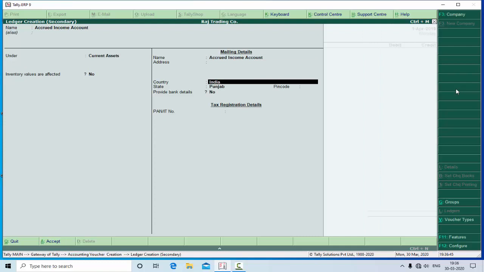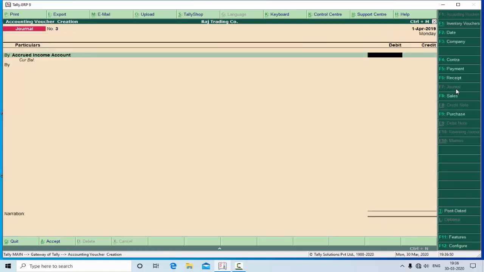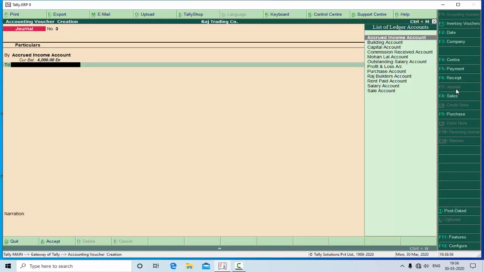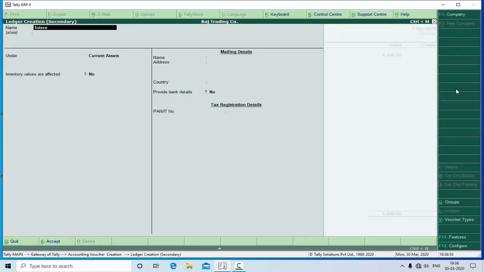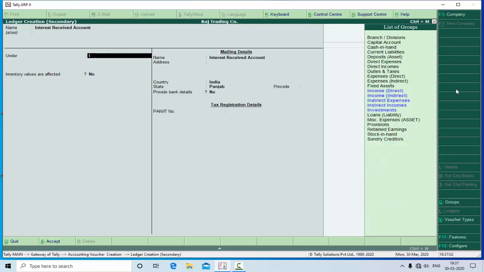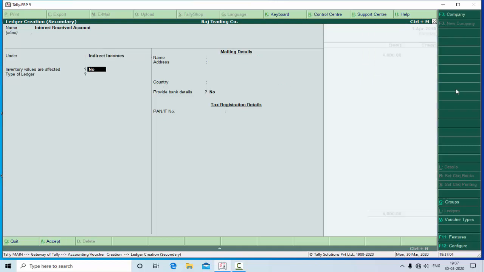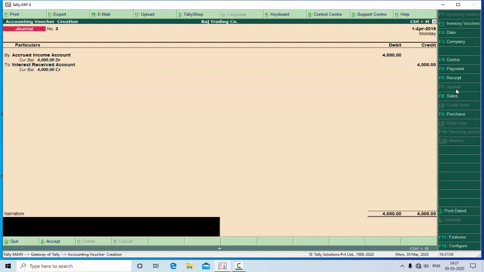You can enter the details of the customer here if you want, and enter the amount 4000 and credit the interest received account, indirect income. I think you understand how to record this entry. So this is the way to record the entry.